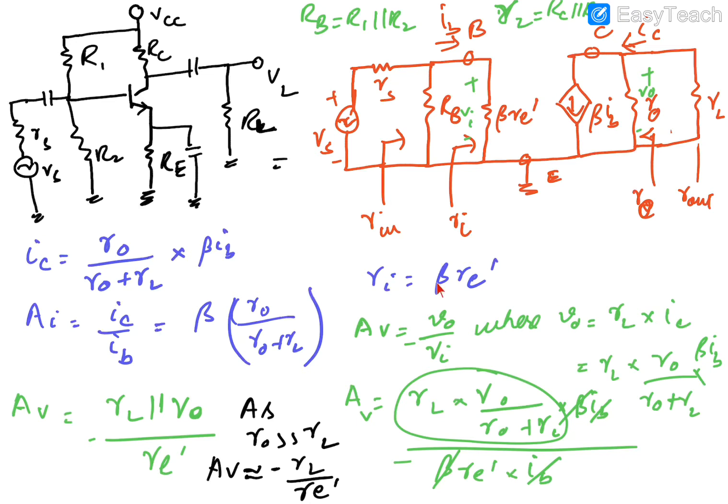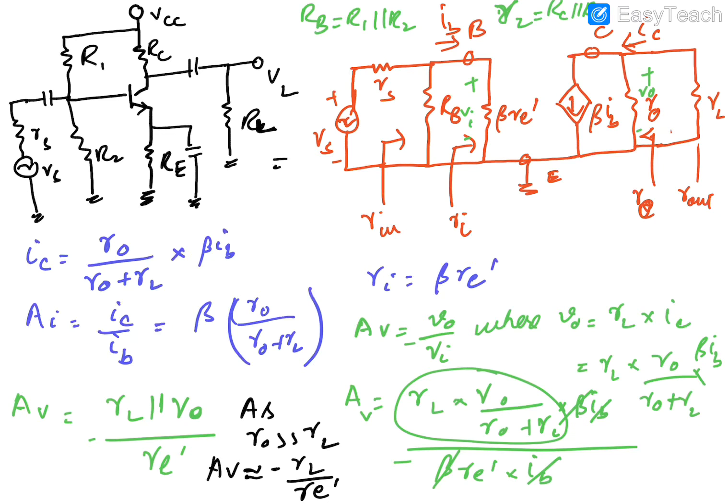First, here small ri is equal to beta times Re dash. IC is the current flowing towards these terminals. So using current division rule, IC is across RL, so IC is equal to R naught divided by R naught plus RL into this total current, which is equal to beta times IB.